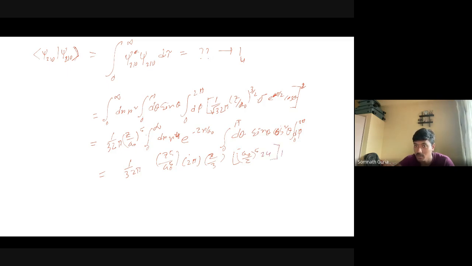That gives you 1, and all cancel each other, and finally it will give you 1. So psi of 210 is normalized.